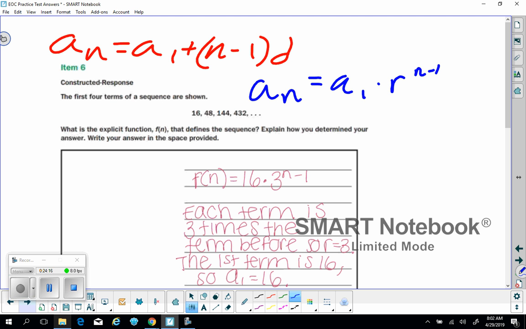Okay. What's the pattern here? Are they adding or multiplying? Multiplying. Very good. So since they are multiplying, which one is the correct equation? Arithmetic or geometric? Which one is multiplying?